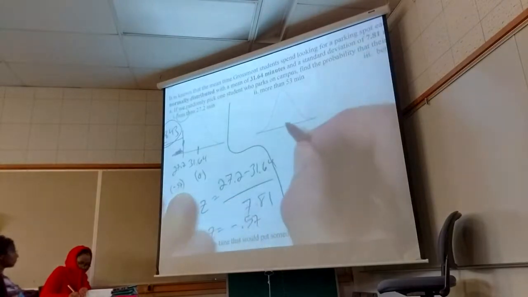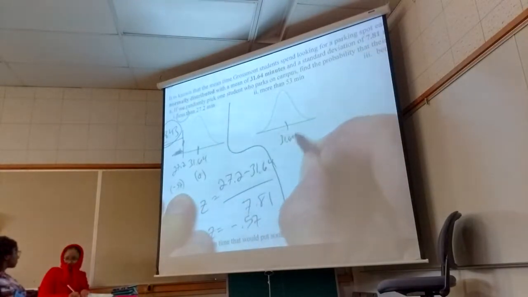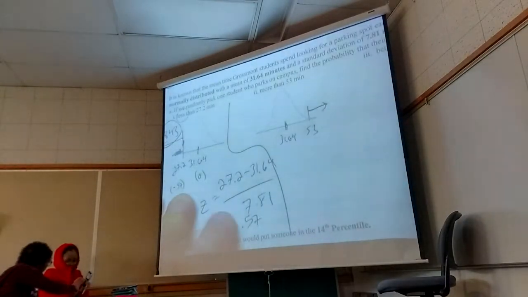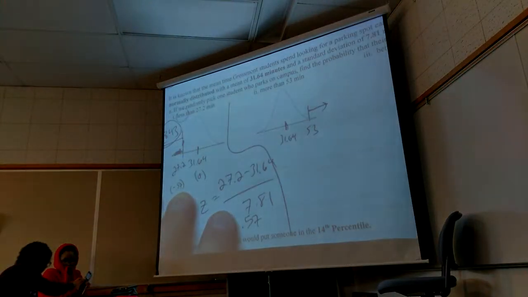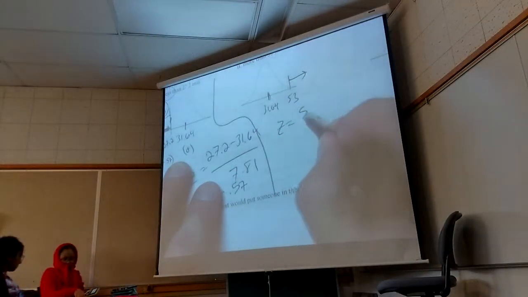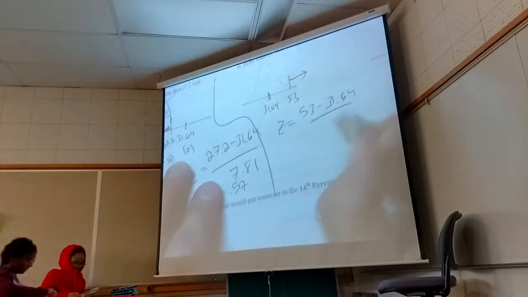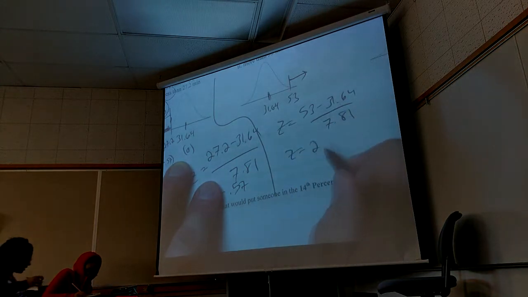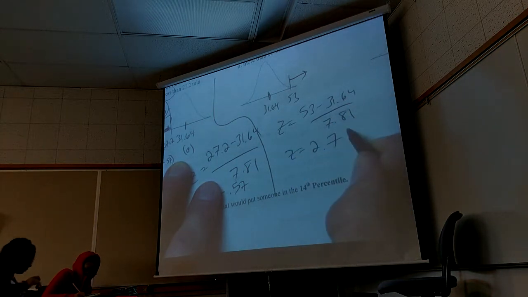So more than 53. 31.64 is the mean, so it goes in the middle. There's 53, way up there. I want more than, so this is going to be another tiny answer. Make the z-score. What do you guys get for the z-score there? 2.73?